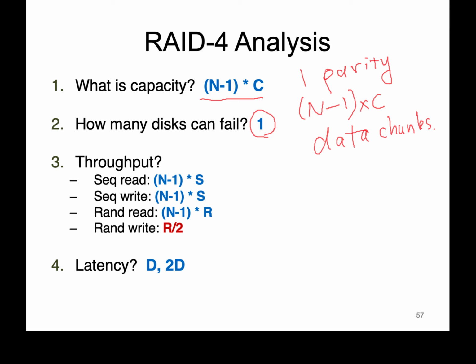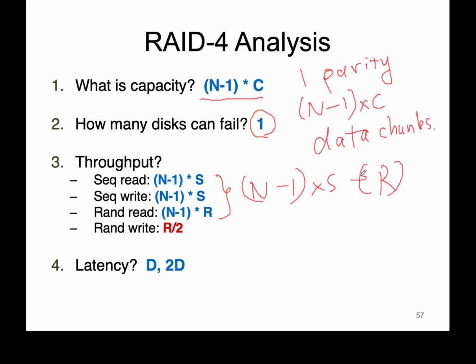Regarding throughput, for sequential read, sequential write, and random read, for all three of these we could achieve an effective speedup of N minus 1 times S or R, right?